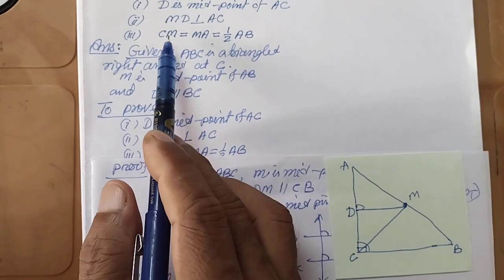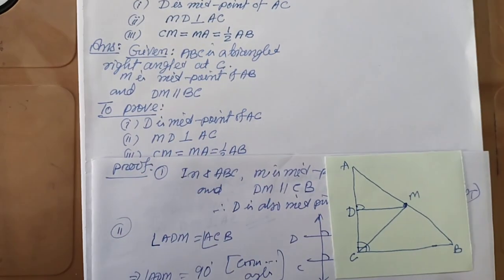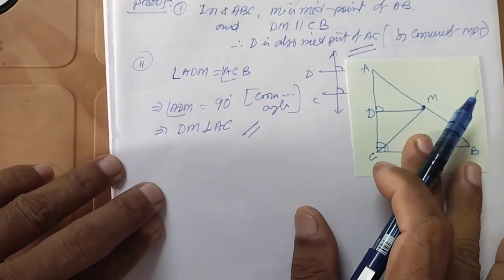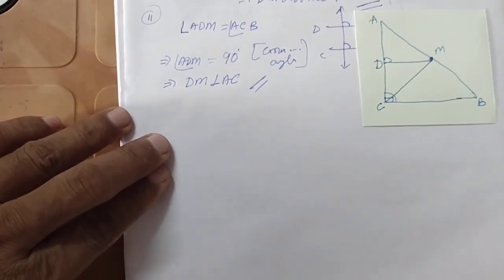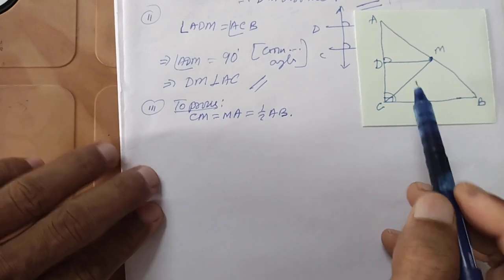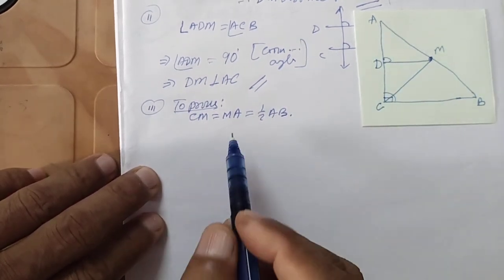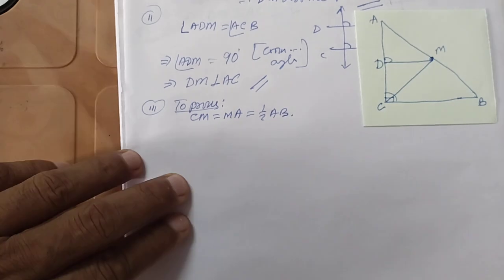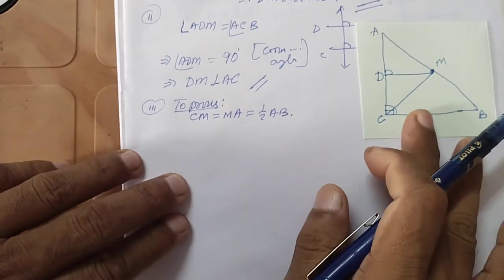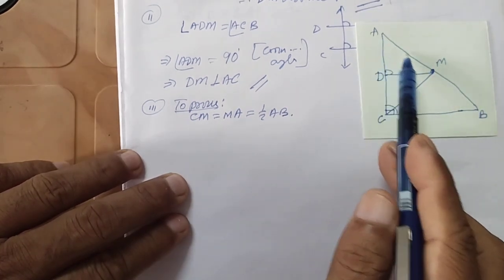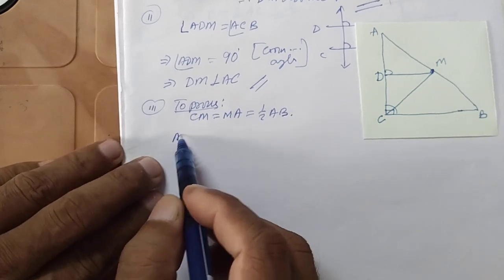Now the third part is to prove CM is equal to MA, equal to half of AB. See, it is given M is the midpoint of AB.